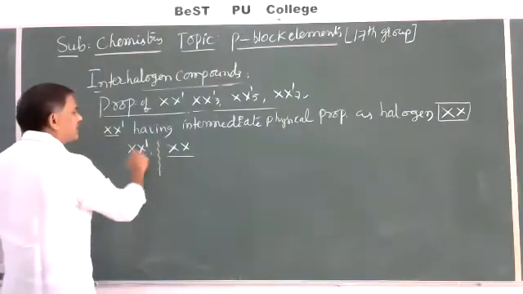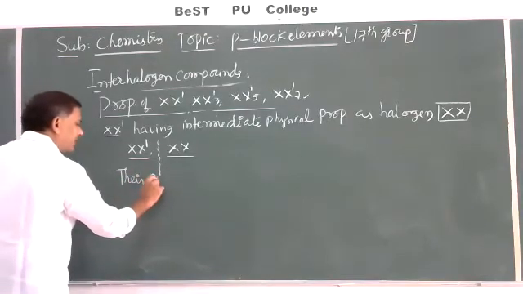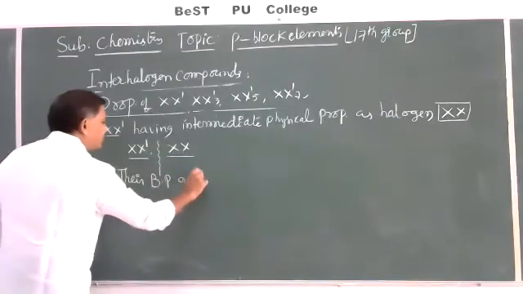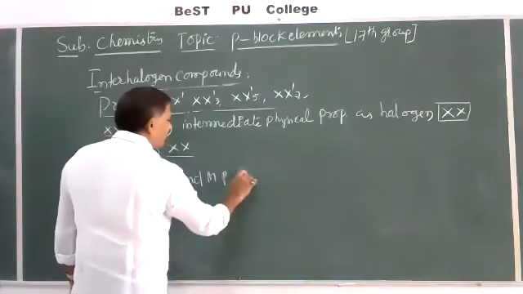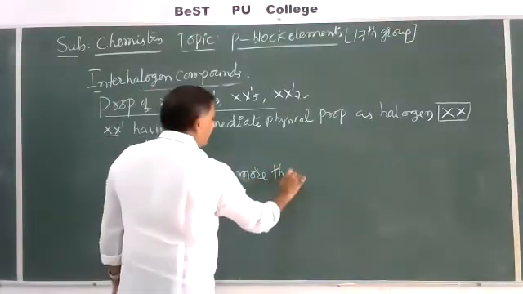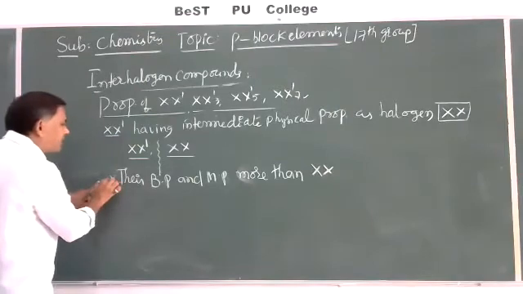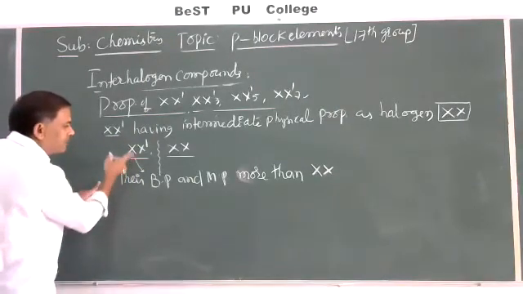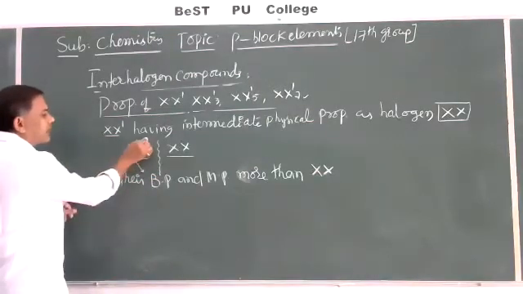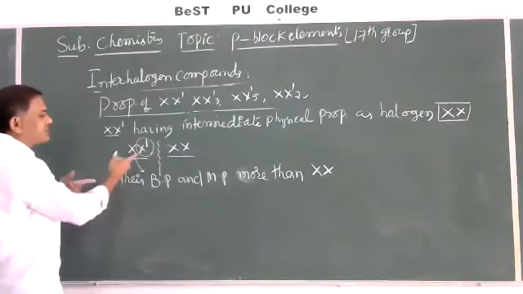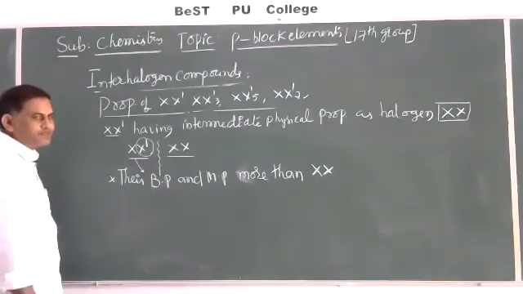Their properties are intermediate, but their physical properties like boiling point and melting point are somewhat greater, more than X and X. Only this is the one: your boiling and melting points of interhalogen compounds are somewhat more than normal halogens, because the atomic number or atomic mass of these interhalogen compounds are not the same, varied, so their melting and boiling points increase.